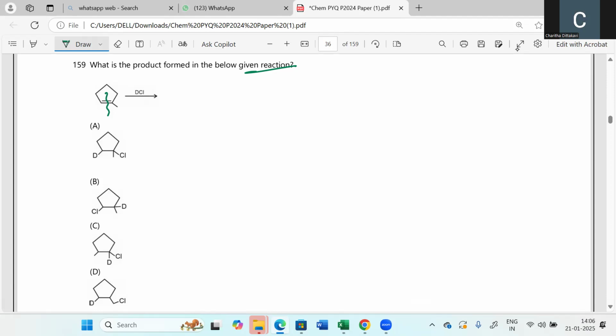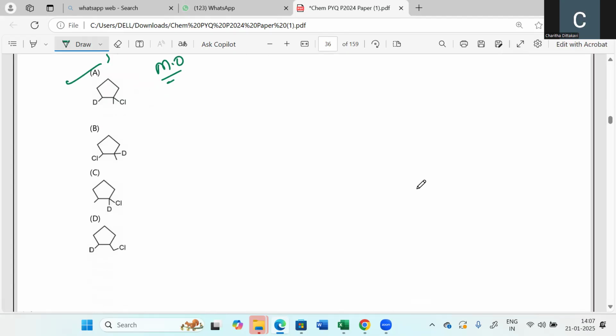So it would be positive here on this part and negative here. Cl minus will come and attack on the positive. So then the option is your A there, right? And then D will come on the negative. Option is A. So direct Markovnikov addition reaction this is.